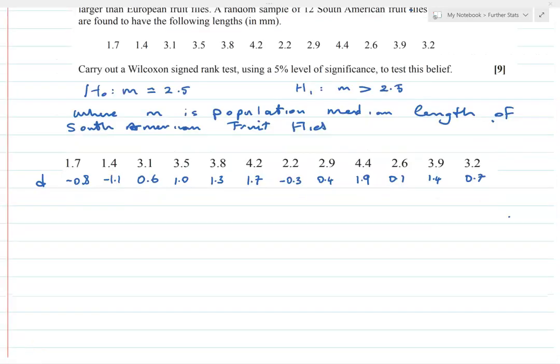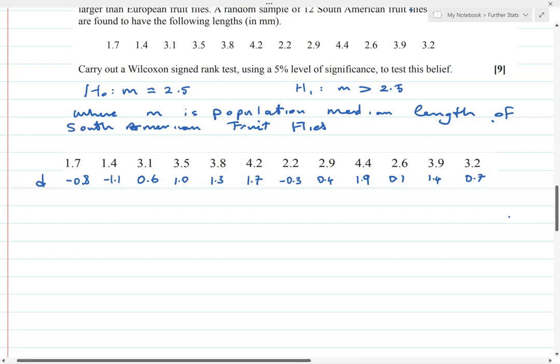Then we rank them, ignoring the sign in the first instance. We'll retain the sign later, but let's just ignore the negative.